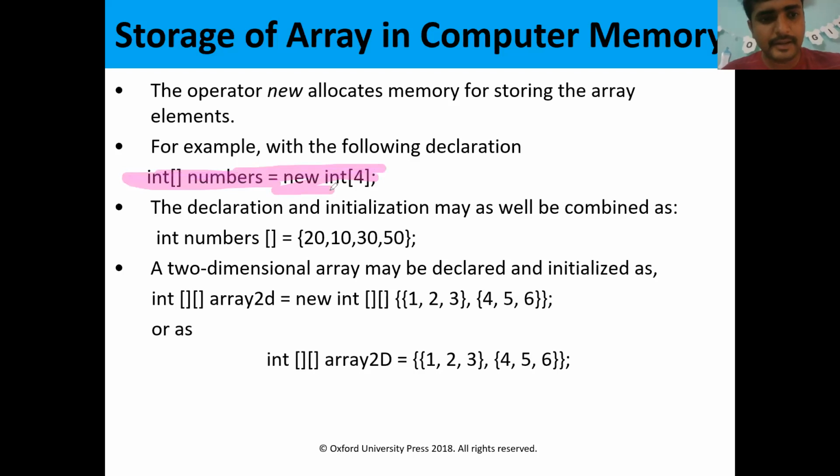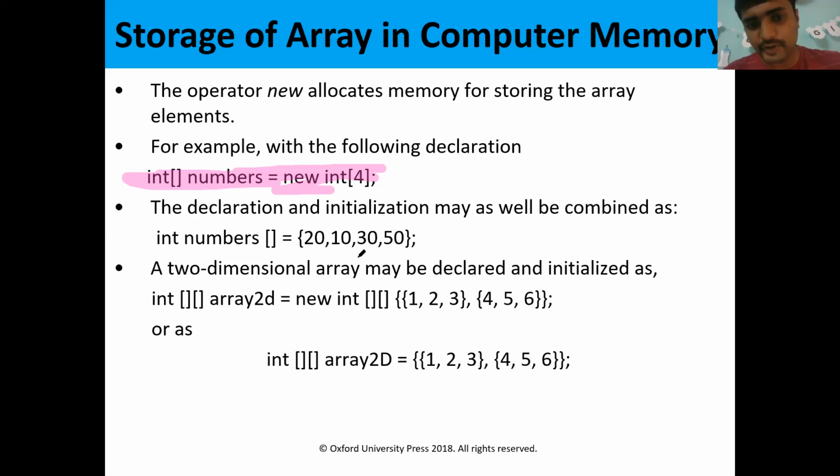After this statement, we are using the new operator, which will allocate some memory space. The default value is 0 for primitive data types. For non-primitive data types, either class name or interface name, it is null.